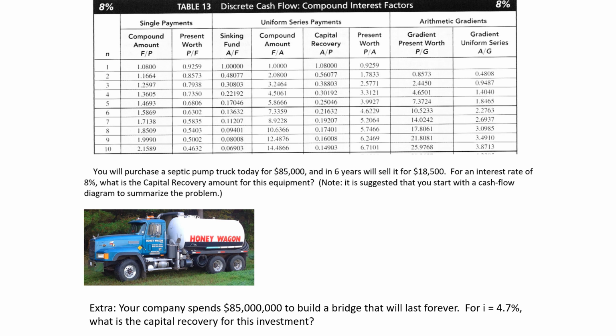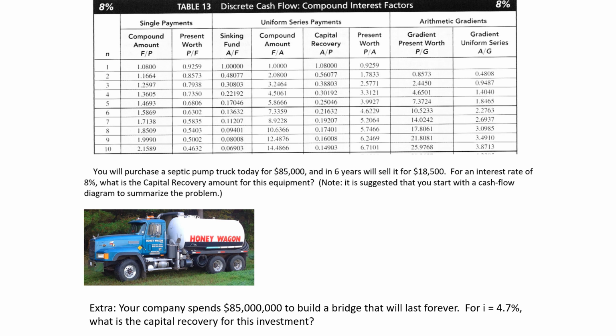cost. All right. So we've got the factor table, the 8% factor table. With the 85,000, we want to find A given P for i equals 8% and n equals 6, and then we're going to take 18,500 and find A given F, i equals 8%, n equals 6, and then we're going to find the difference between the two.